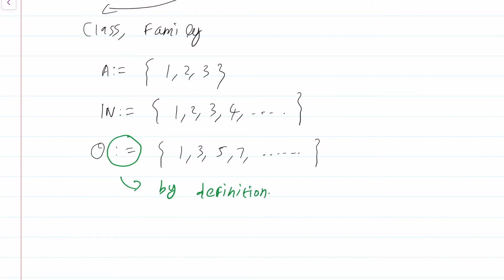Well, I want to distinguish between two types of equalities. If you are familiar with programming languages, this should not be too hard to understand. When I write something like (x plus 1) the whole squared is equal to x squared plus 2x plus 1, what I actually mean to say is that the left hand side and the right hand side are logically the same.